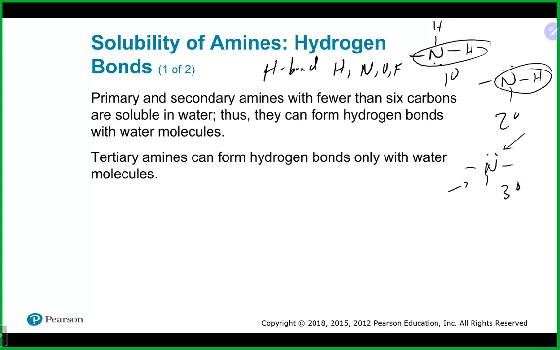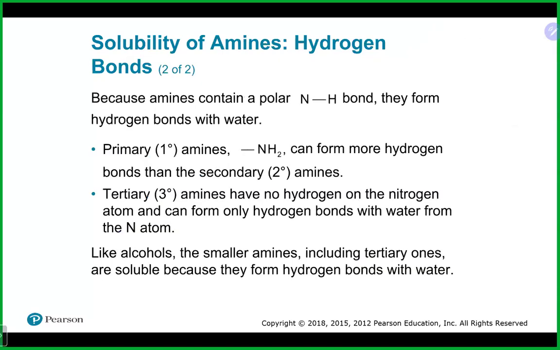So much like most organic compounds, fewer carbons are best for solubility. Again, once you get up to 4, 5, 6 or more carbons, you're going to really see solubility in water start to decrease because it's not going to be able to hydrogen bond as well. So primary can form hydrogen bonds more than secondary because it has 2 hydrogens versus 1.